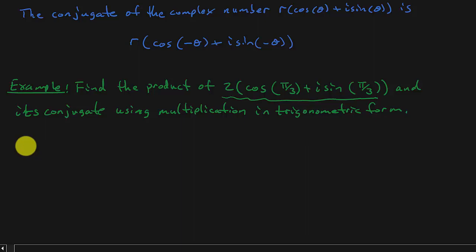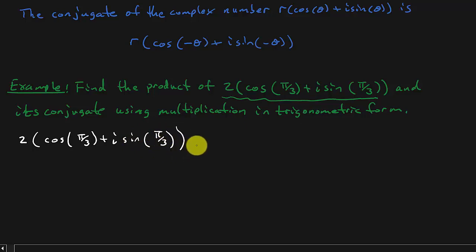All right, so let's go ahead and write them down. So we got 2 cosine pi over 3 plus i sine pi over 3.